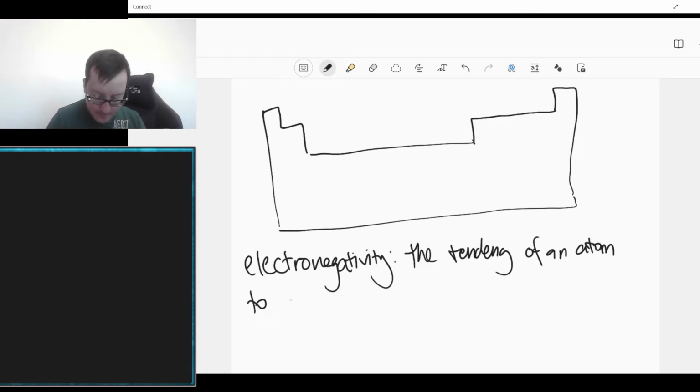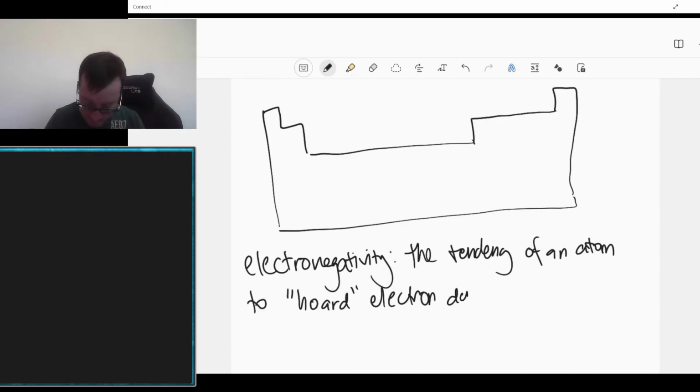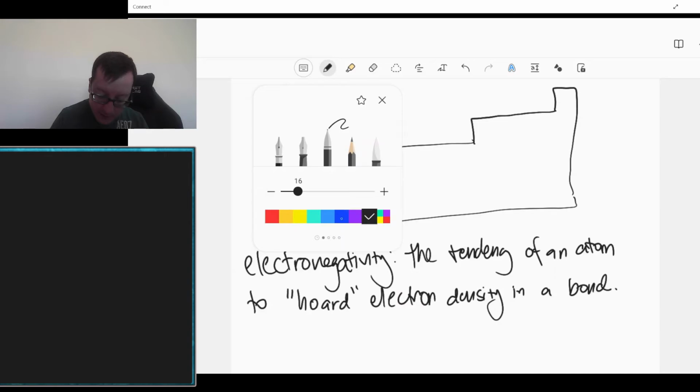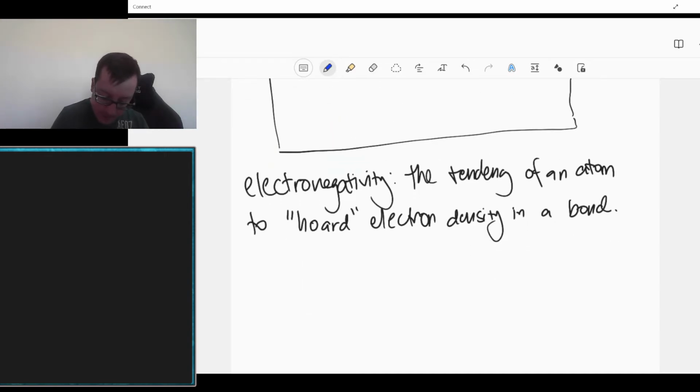To kind of hoard electron density in a bond. So it's kind of like it's going to hog the electrons for itself.